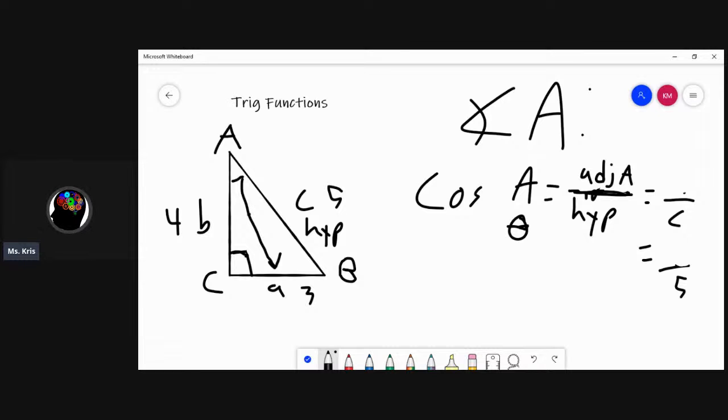The adjacent side would be B as it relates to angle A. Therefore, your cosine A or cosine theta as it relates to angle A is 4/5.